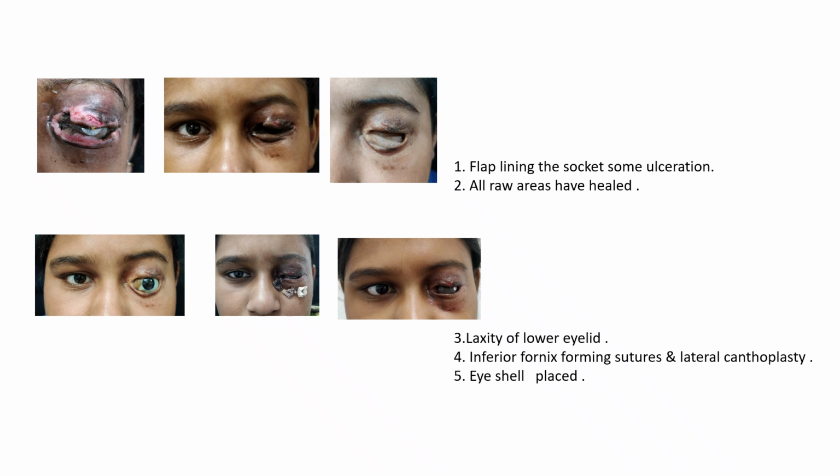Some ulceration was noticed, which healed by itself. There was severe laxity of the lower eyelid, so the inferior fornix forming sutures were given along with a lateral canthoplasty. Subsequently, an eye shell was placed, which was retained well.